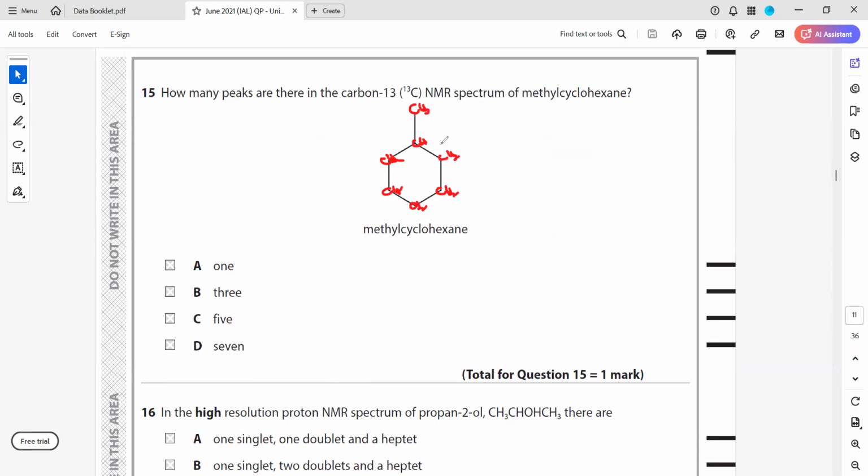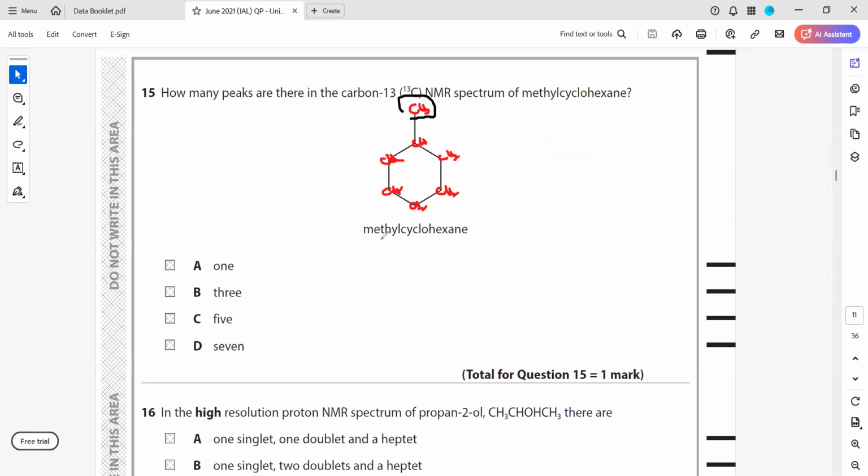Now, if we check this one, three identical carbons are there. How many peaks are there in the carbon 13 NMR of methylcyclohexane? How many different environments are there? So how can we identify the number of environments?